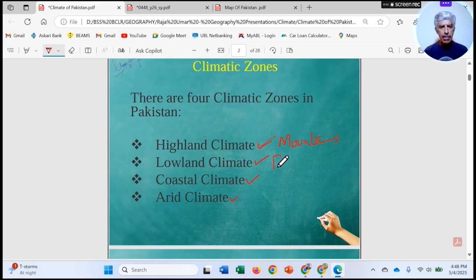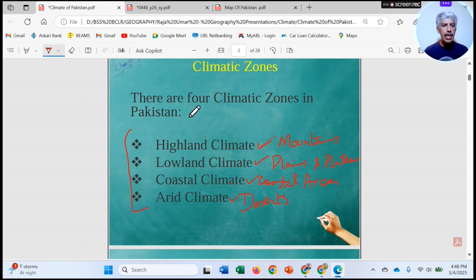Lowland climate, plains and plateaus. Coastal climate, the coastal areas of Pakistan, as we were discussing them yesterday, Sindh coast and Makran coast. Arid climate, the climate of the deserts.